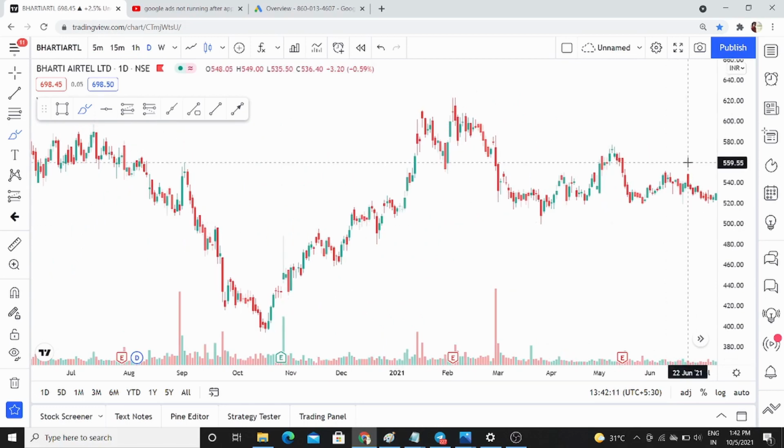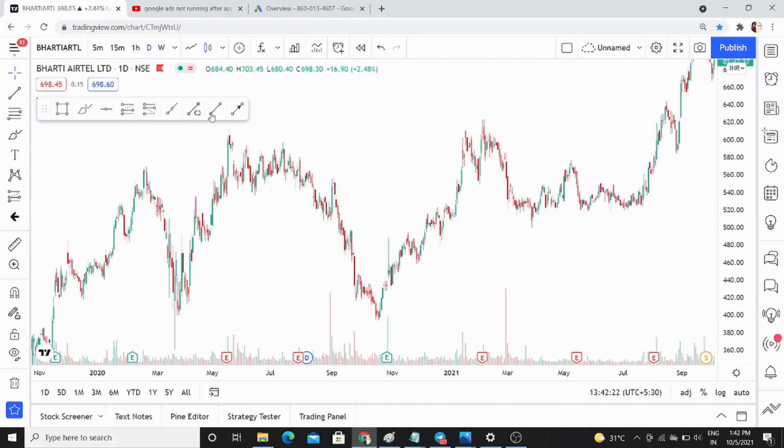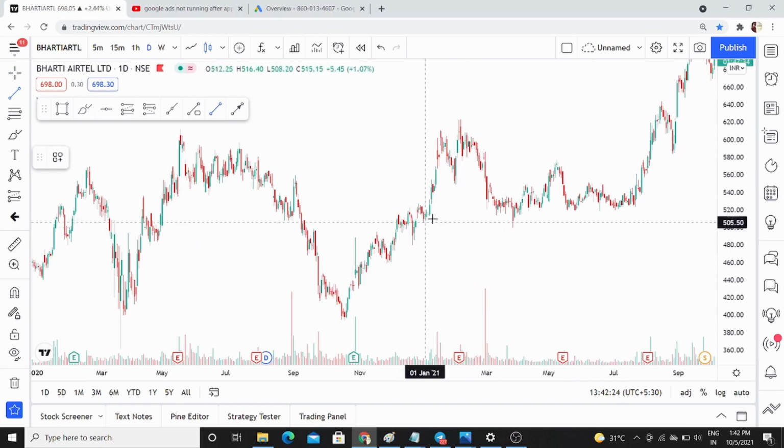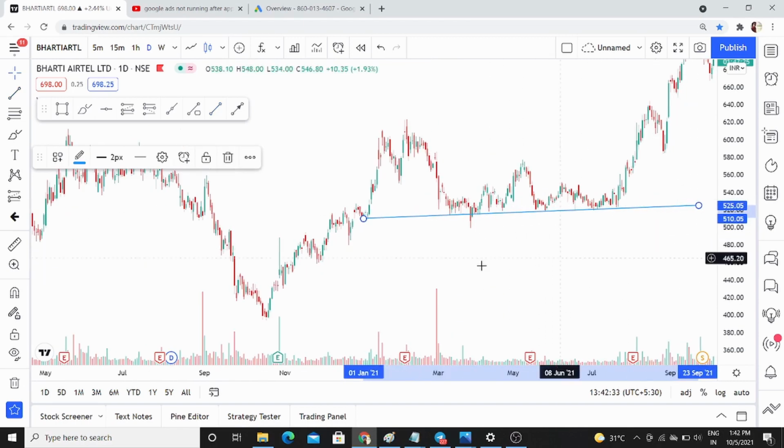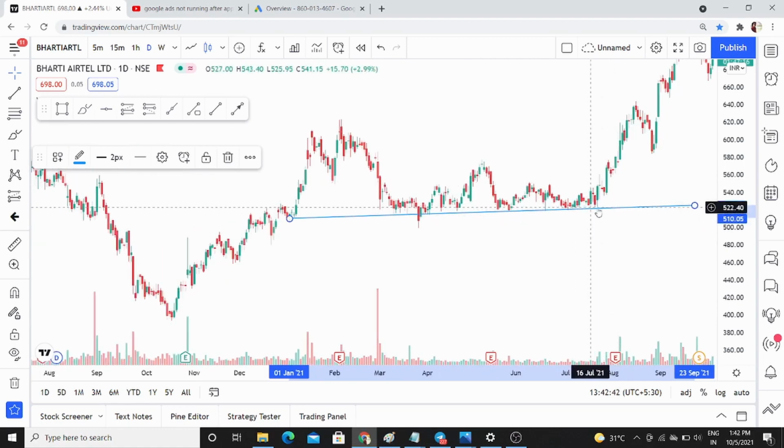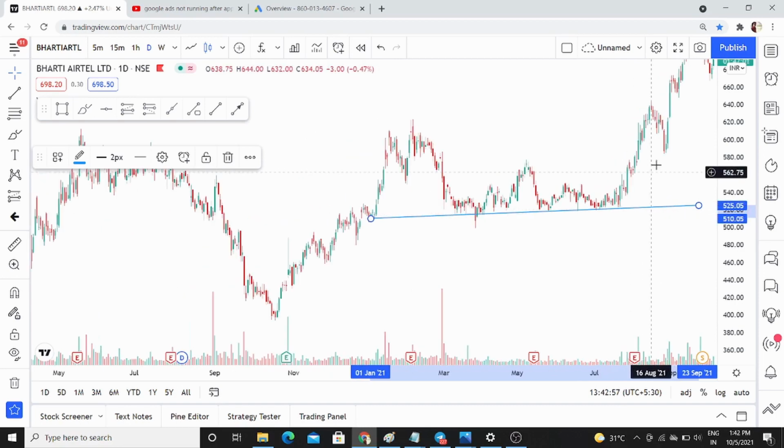Bharti Airtel. I have traded this stock by using the same trend line concepts. Here, this stock came, respected this trend line, took support first, second, third, three times, and the fourth time it came here and showed some bullish significance at the trend line, indicated bullish signals here, and moved up.